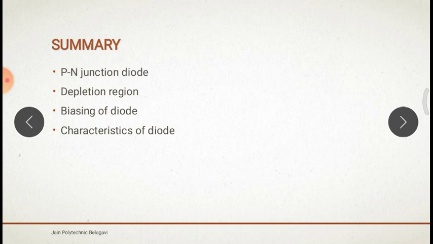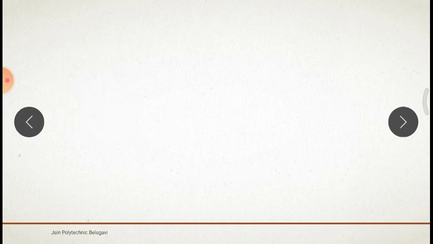In forward bias, after the knee voltage, 0.7 for silicon and 0.3 for germanium, the diode starts to conduct. After the knee voltage, the current increases very rapidly and the voltage becomes constant. This is about the VI characteristics of the diode. So this is about today's lecture. Thank you.